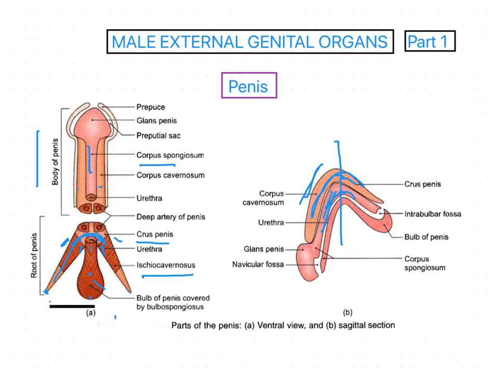The part of the urethra within the bulb shows a dilatation in its floor, called the intrabulbar fossa. This is about the root of the penis.